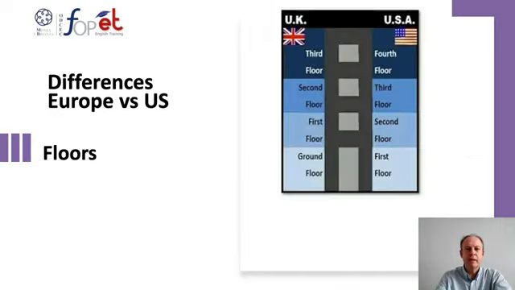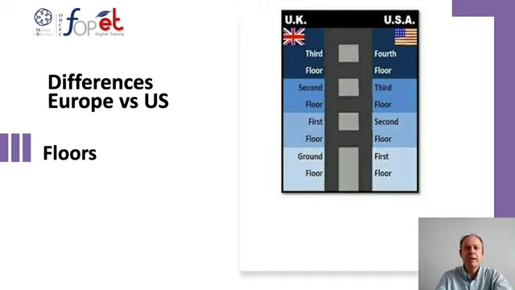Floors in a building. Here, the UK and the US are different. So when you enter a building and you go into a lift, the first floor you arrive at in the UK is the first floor. With the American system, you started on the first floor, so you're now on the second floor.